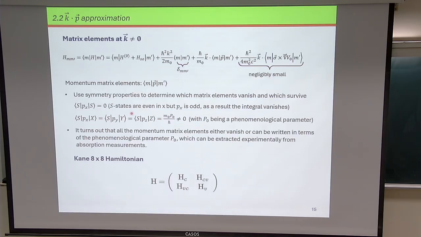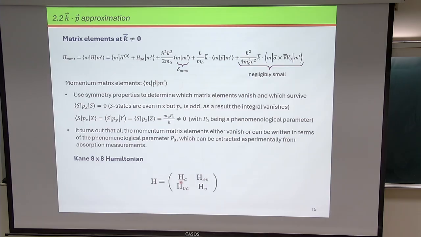After that, I put just this example, but I can do it for all the combinations of these momentum matrix elements. And then I can build the Hamiltonian. The Hamiltonian is an 8 by 8 Hamiltonian and can be written in block form, like here.